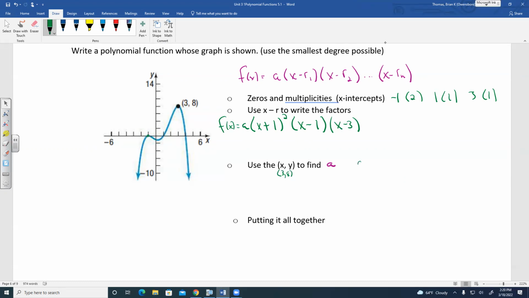So what I'm going to have then is a times 3 plus 1 squared times 3 minus 1 times 3 minus 3.